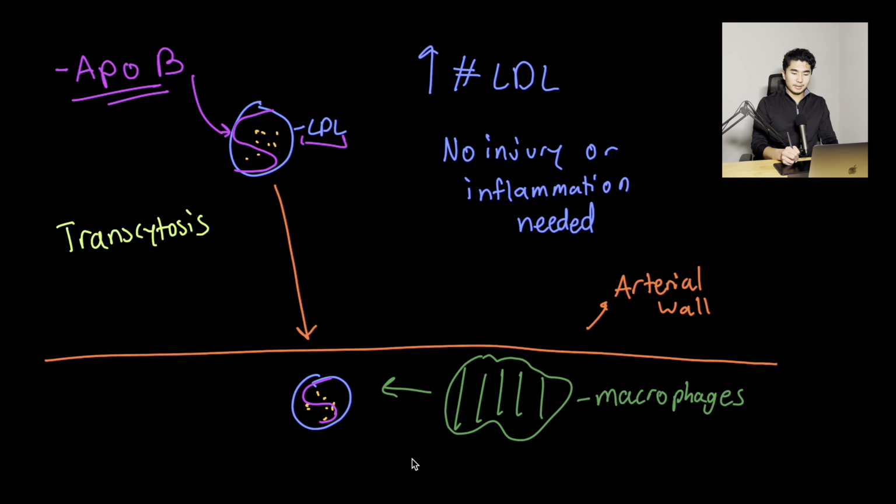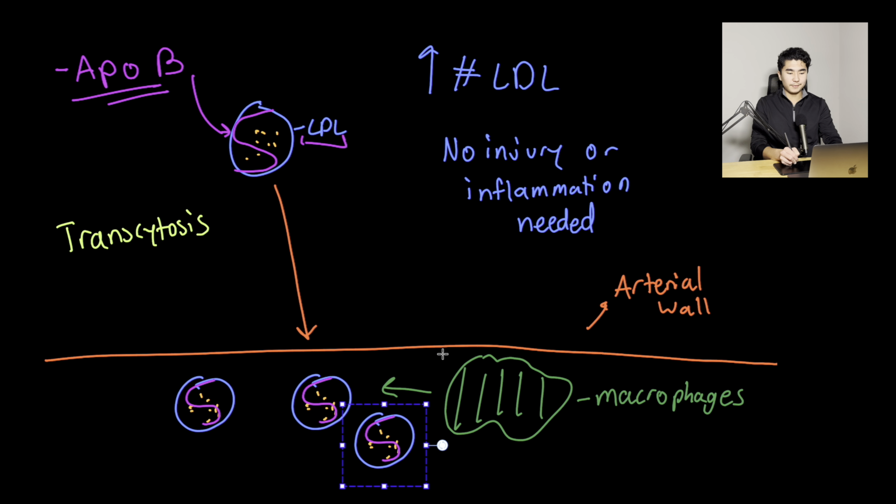Now, unfortunately, when the macrophage does try to attack these LDLs, and actually let me put a couple more LDLs, there will be an immune response that occurs, and foam cells can be developed. The biggest thing to realize in many diseases is that they are a consequence of our immune system trying to attack a pathogen. For example, pneumonia.